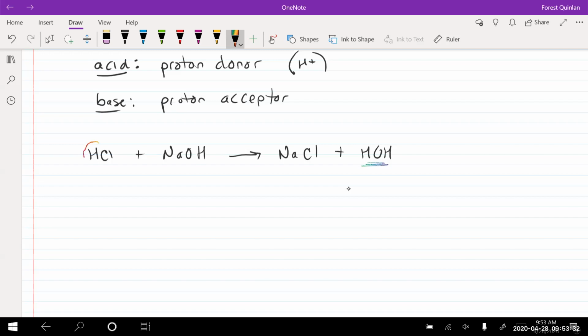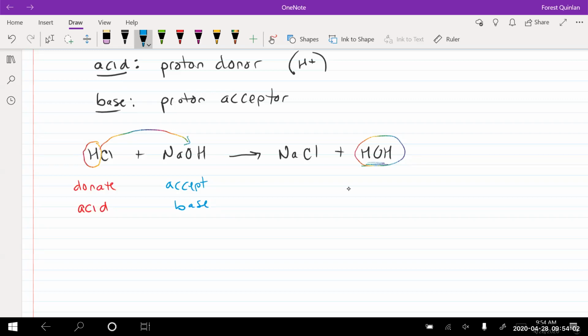Hopefully it's not too much of a thing to see, oh look, HCl, that is obviously the acid because we call it hydrochloric acid. But moreover, it's that the H is donating to the OH to make our liquid water. So it's going to donate the H+, which means it's the acid. This is accepting, which makes it the base.